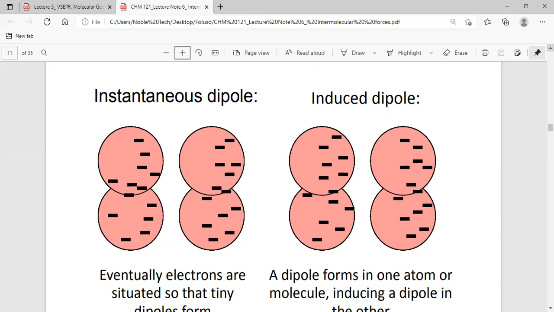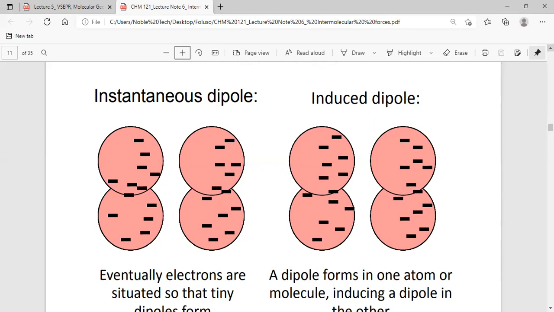Once a molecule or an atom that is relatively negative comes close to the environment of a non-polar substance, you can have an induced dipole.